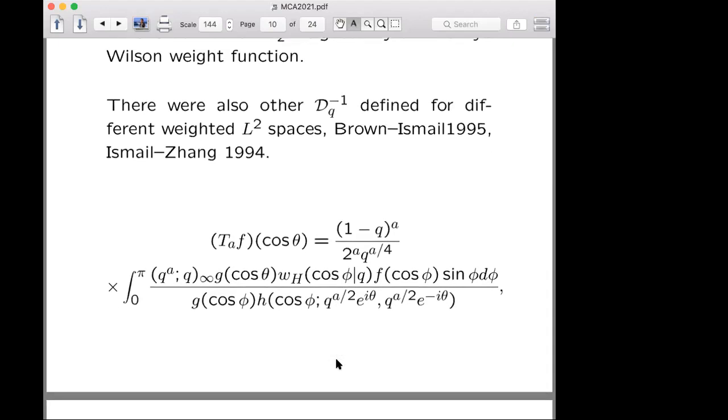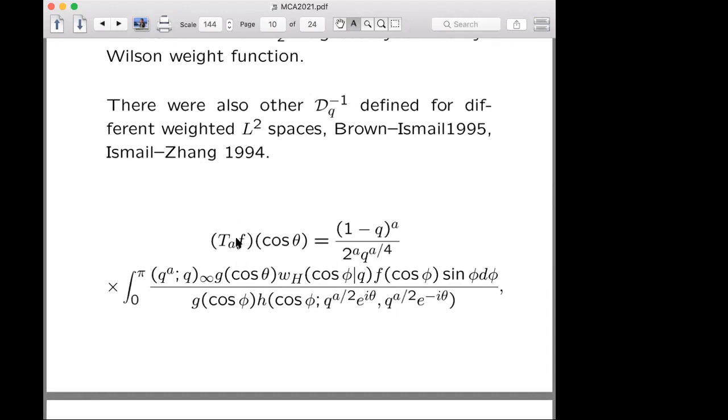Then again, if you go back and look at the classical fractional integrals, there were 2 operators. There were the Riemann-Liouville and the Weyl, and they were adjoints. So we looked at the adjoint of this.